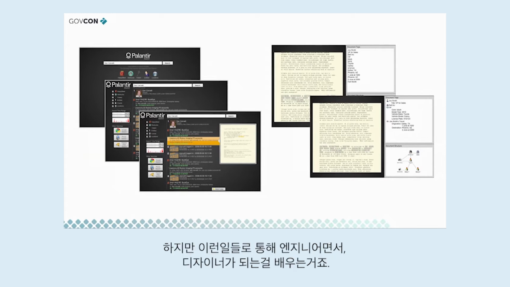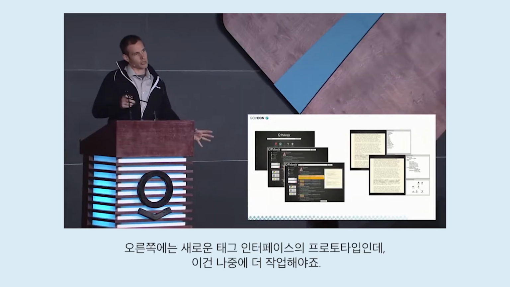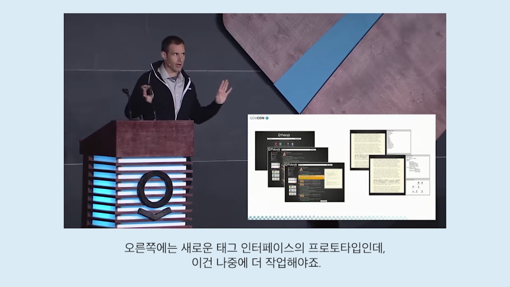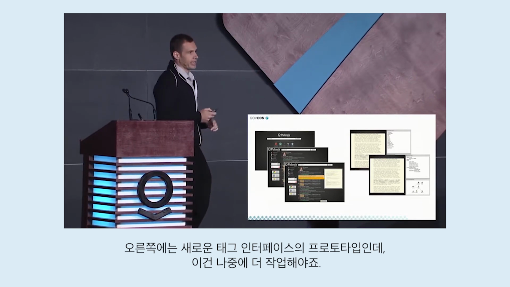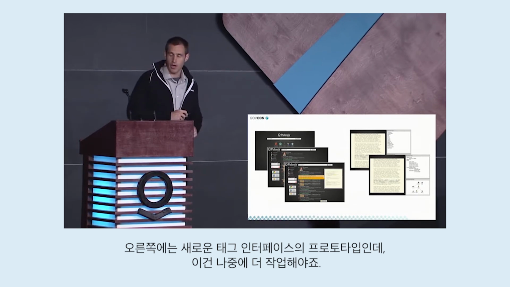But it's this thought process and learning how to be a designer as well as an engineer. So on the left there are some prototypes for a new search interface, which ultimately is what we worked on. And on the right is a prototype-y, kind of hand-wavy, new tagging interface that we also have prototyped, which we'll hopefully work on soon.